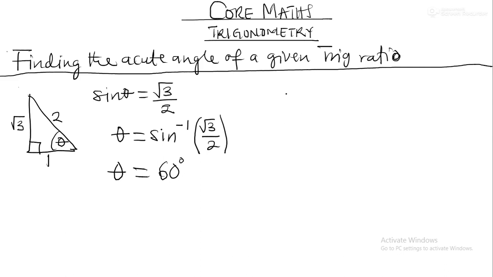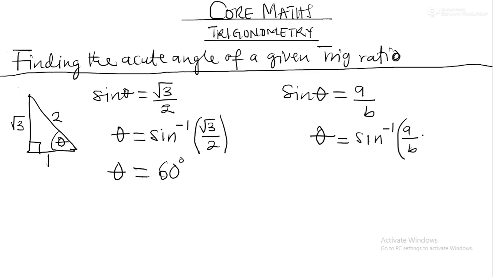Generally, if I have sine theta equals, let's say, A over B, then theta will be equal to the sine inverse of A over B. So students, this is how we find the angle when a trig ratio is given.